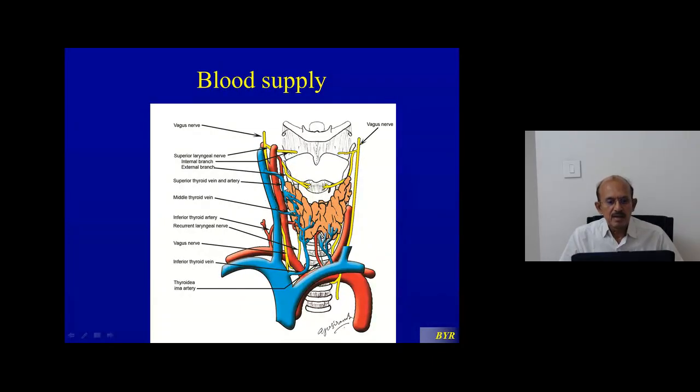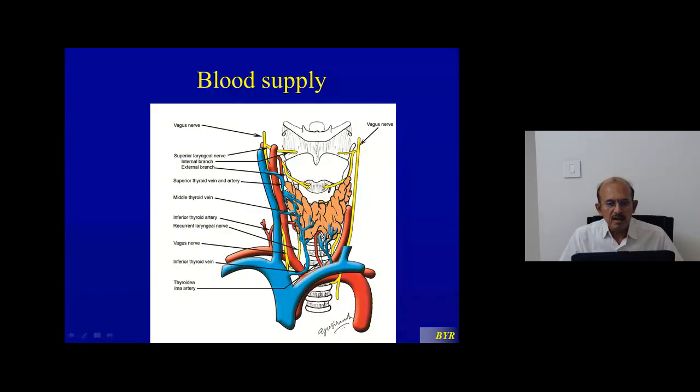Are there any branches to the common carotid artery or not? There are no branches to the common carotid artery except its two terminal branches.